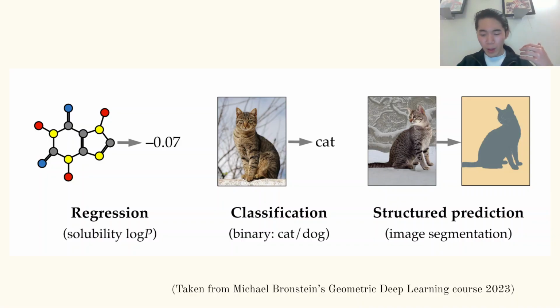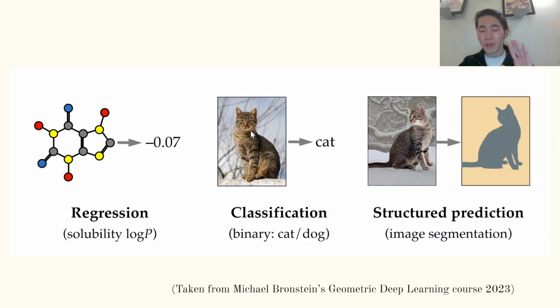Before I talk about loss functions, let me talk about the rough three types of tasks that exist in machine learning. One is regression, where you try and predict a number given the input data. This is like a graph of a molecule, and maybe you want to work out the solubility of that particular molecule.